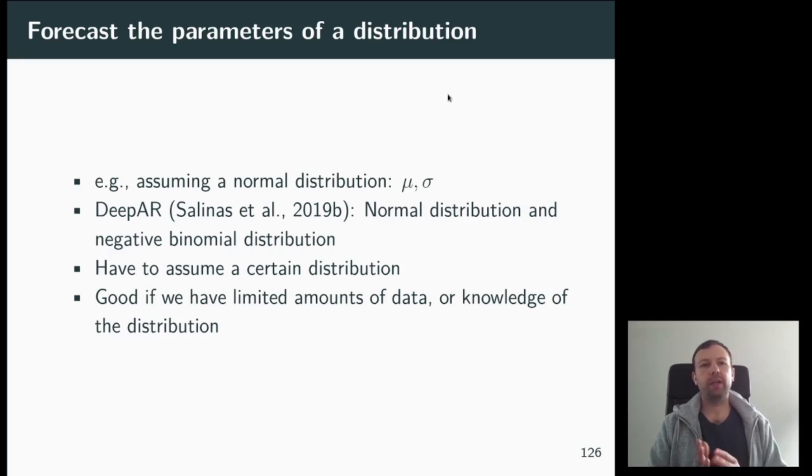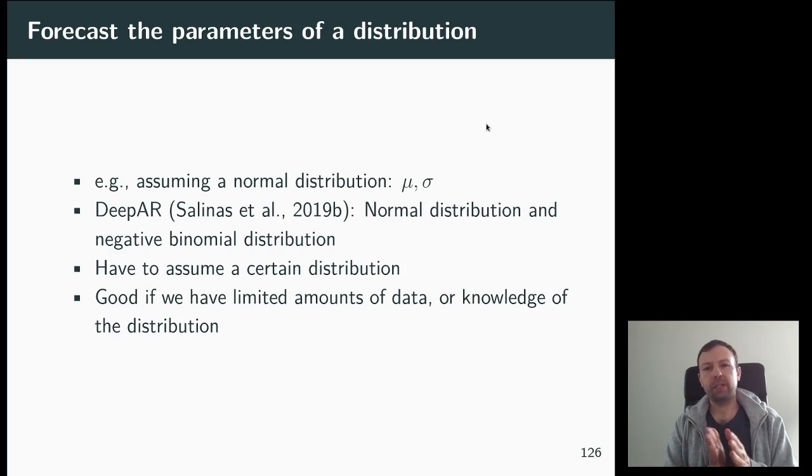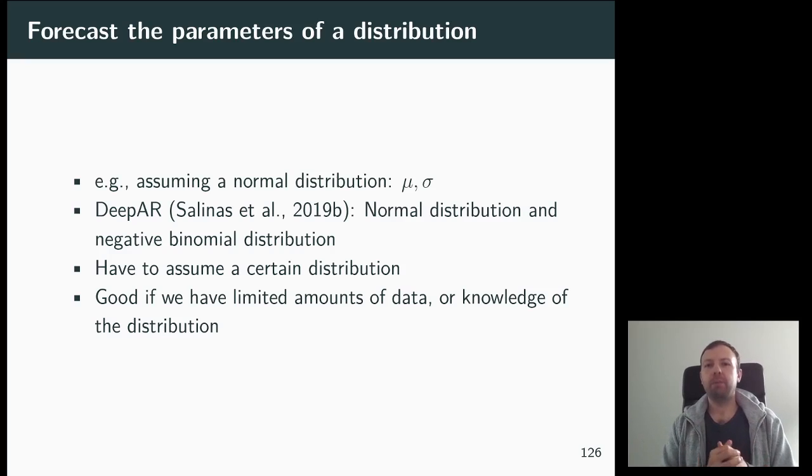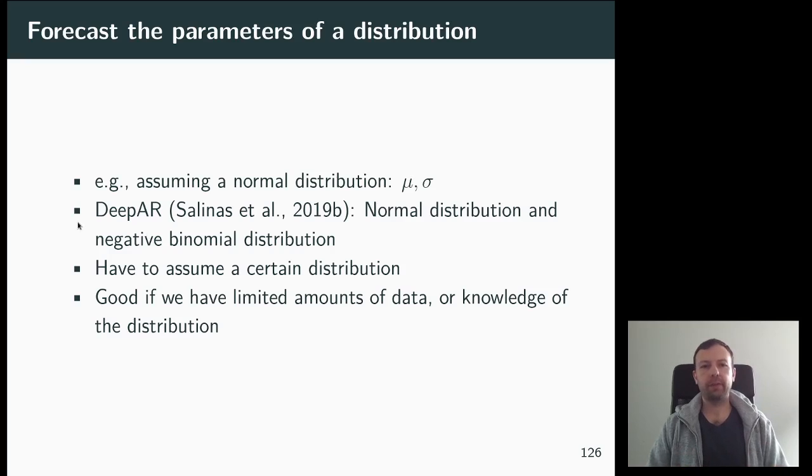Now another way to do probabilistic forecasting is to forecast the parameters of a distribution. So for example, you can assume that your predictions will be normally distributed, so you just predict the mean and variance of a normal distribution. That's something that, for example, DeepAR does.